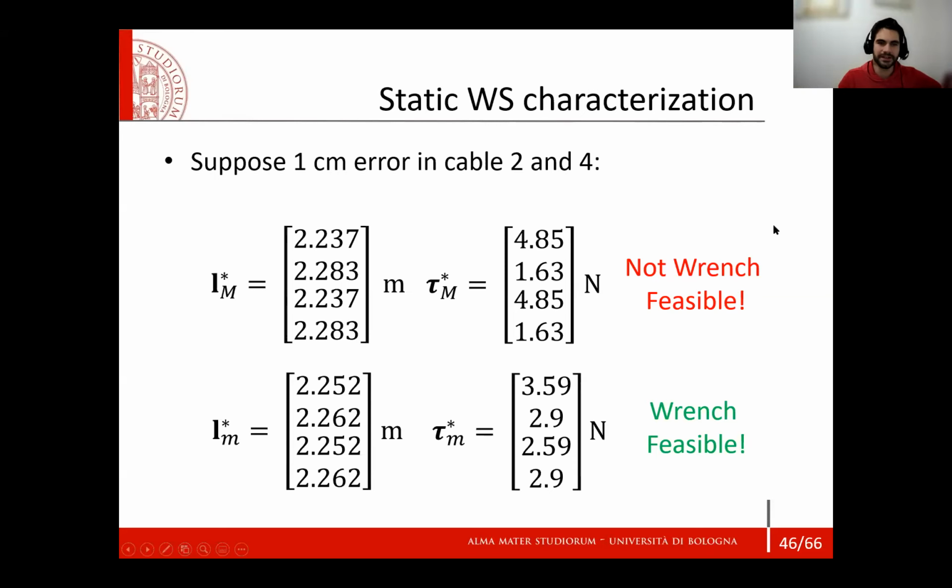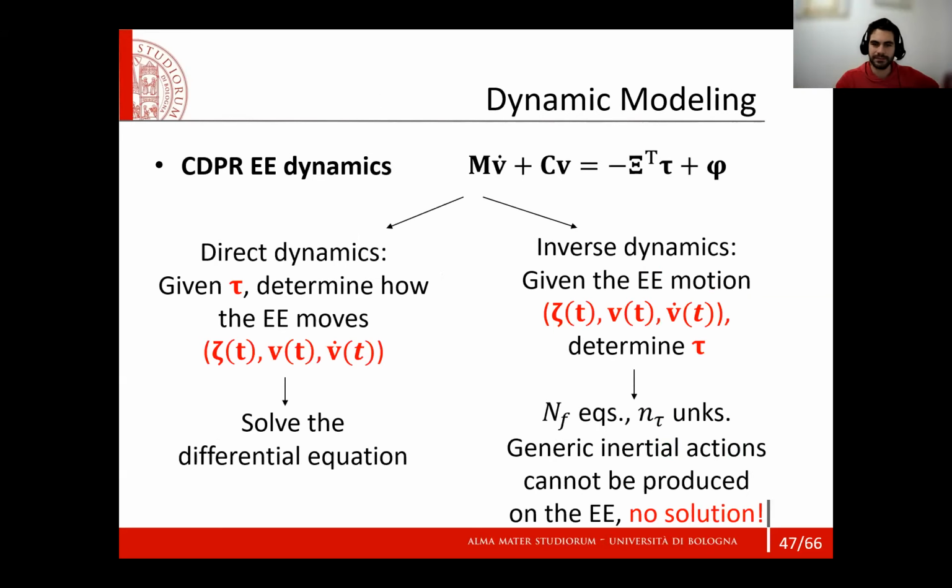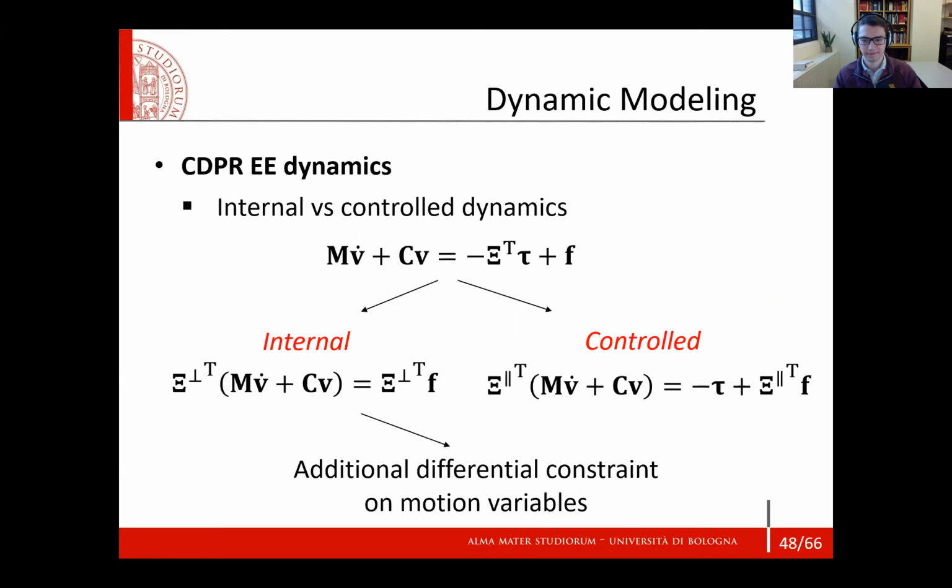Yes. So skipping the modeling of things, basically there is one big issue when you are planning trajectories for underactuated cable robots, which is you cannot freely assign a trajectory, even if you account for the dynamics of the system.